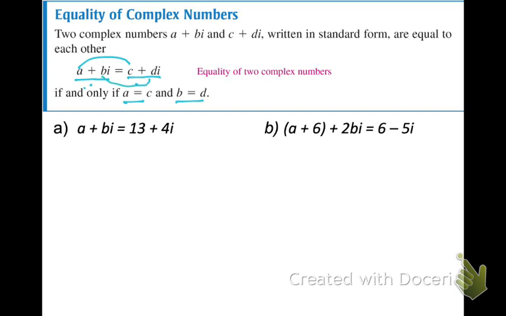Yes. So I have a plus bi equals 13 plus 4i. So what's a? 13. What's b? 4. No, just 4, because there's an i there already.